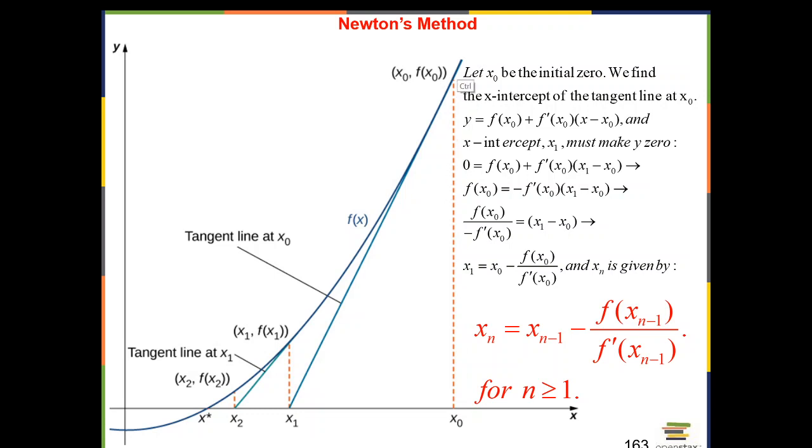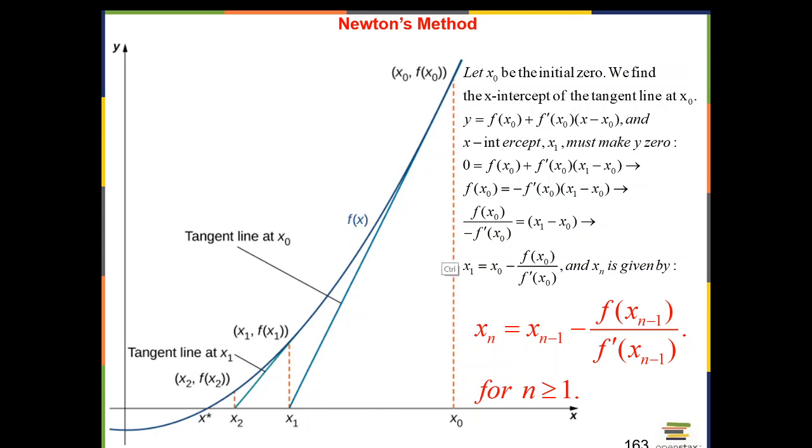So we go to the function, draw the tangent line at that point, right? And then see where it crosses the x-axis. Then from that point, again, we go to the function and draw another tangent line and see where it crosses. And then at that point, we go up, draw another tangent line, and so forth, until we get close enough and with the desired accuracy.